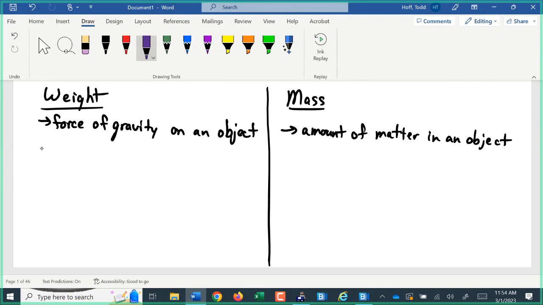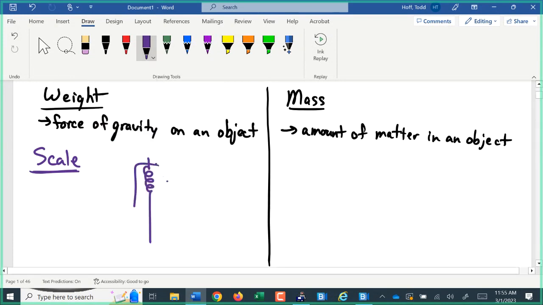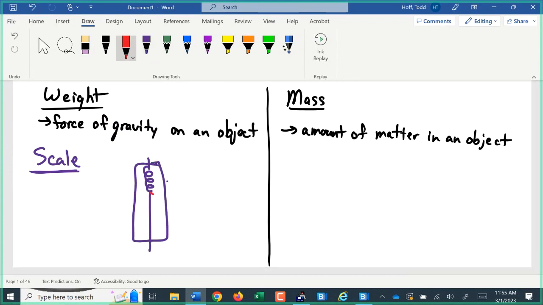Weight is measured using a scale. And a scale is a precision spring. If you have a good spring, the amount that spring stretches is very, very specifically related to the amount of force that you put on it. So a scale takes one of those good springs, puts it in a frame of some sort with an indicator mounted on it, so that if you put a weight on here, that indicator moves.